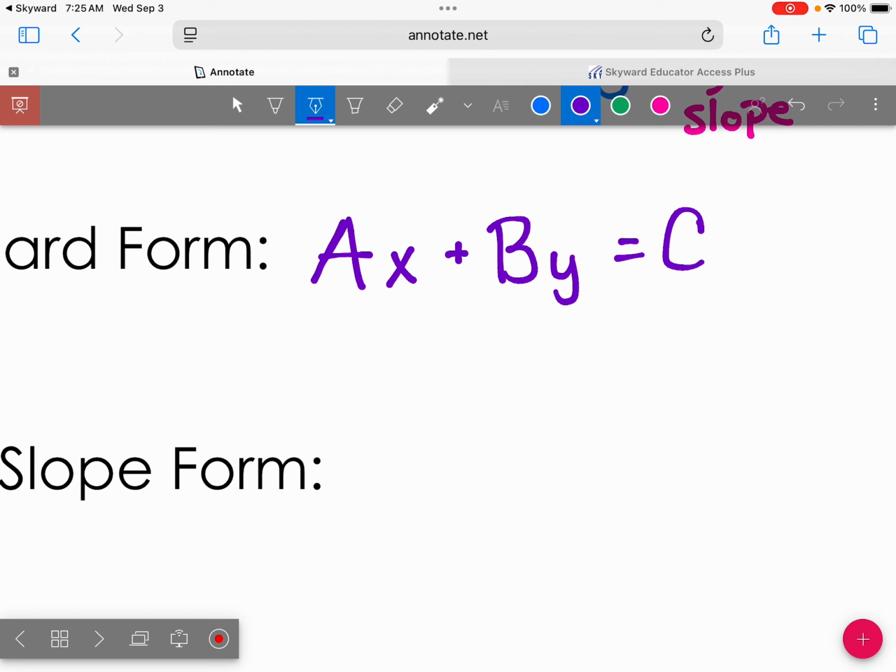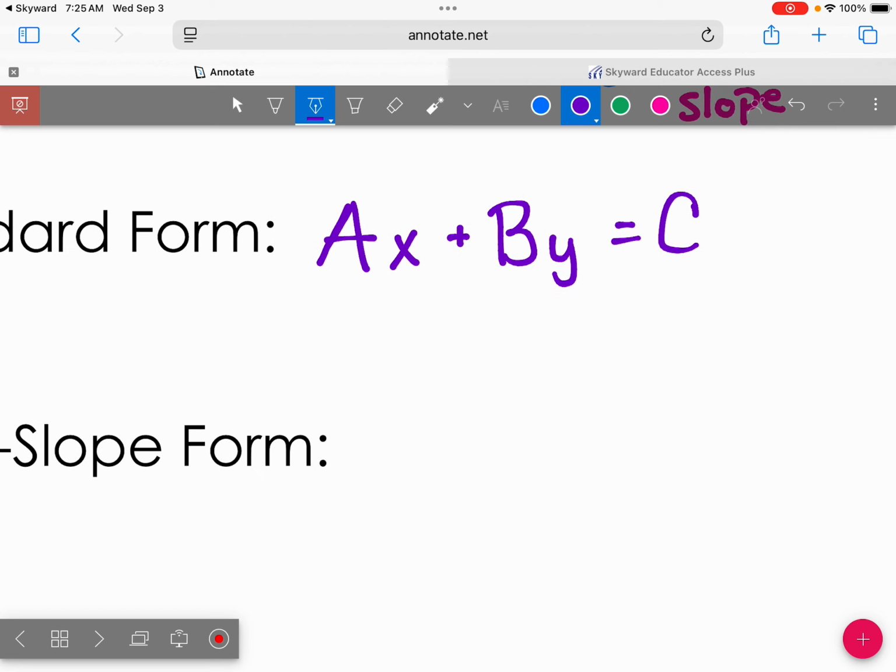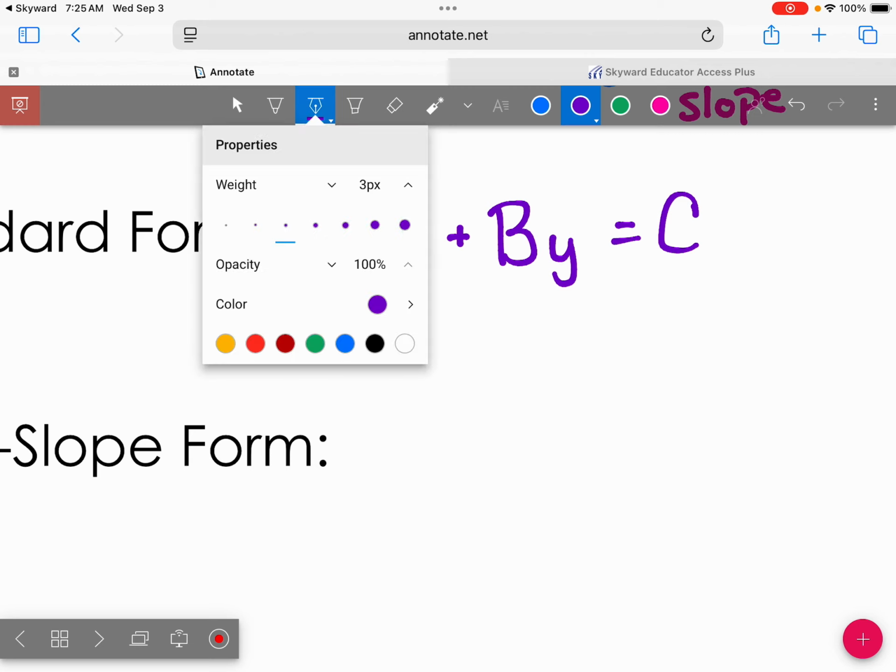Our last one is called point-slope form. It's really kind of similar to slope-intercept form. It looks really crazy, and I promise we're going to work with it, I think tomorrow is when we start working with it, but it looks weird. So our point-slope form, I just want to make sure I write everything down correctly.